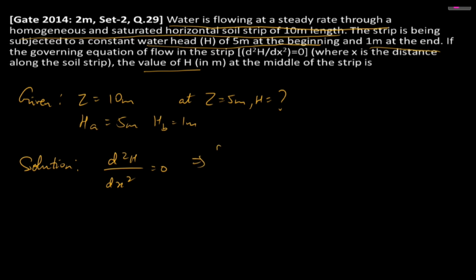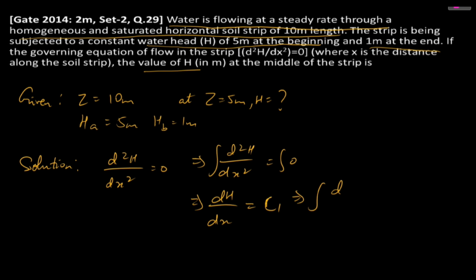If we integrate it once, d square H by dx square is equal to 0 gives you dH by dx equal to C1. That is constant. So again we will integrate dH by dx is equal to C1, which gives us H is equal to C1x plus C2.